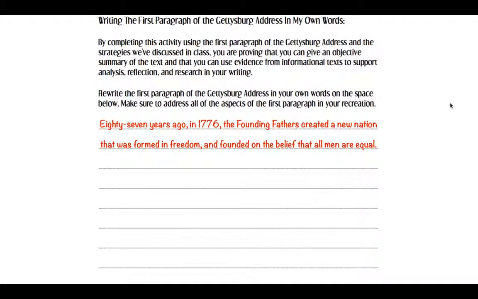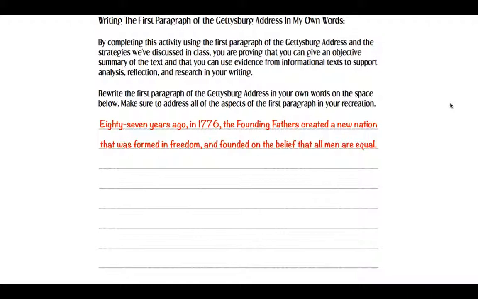It says 87 years ago in 1776, the founding fathers created a new nation that was formed in freedom and founded on the belief that all men are created equal. Okay, now you see that his paragraph in the speech was one long sentence. My paragraph rewritten in my own words is also one sentence. But one thing that I want you to understand is that I am touching on every single aspect of that first paragraph.